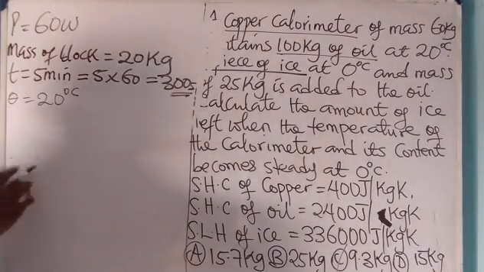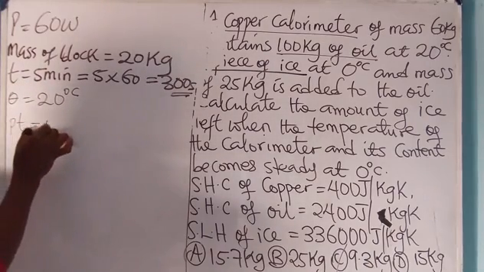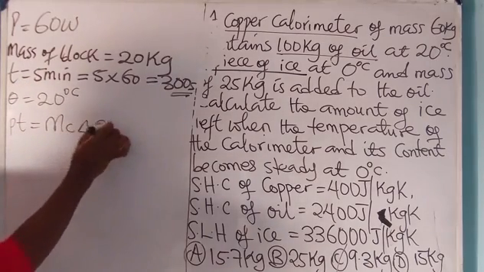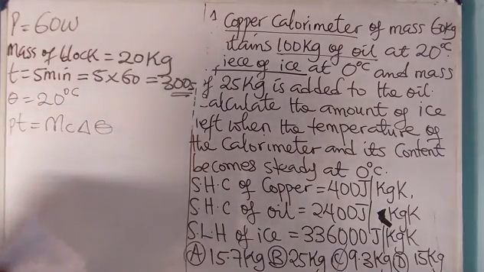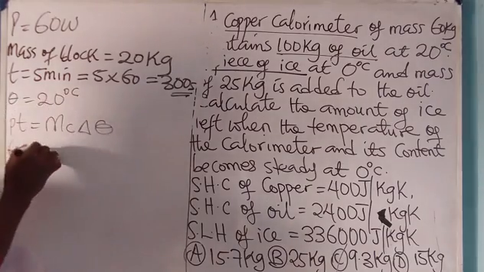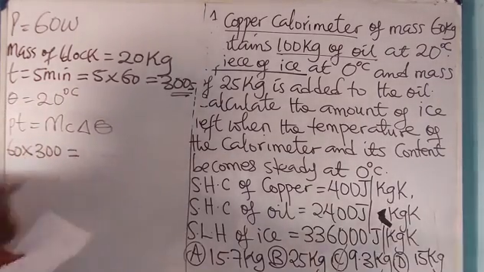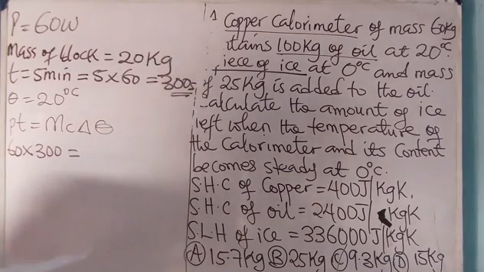Now for what we have, it means that we are relating P to T. It means that PT is equals MC change in temperature. So power is 60. Time is 300. And what is the mass from the question?